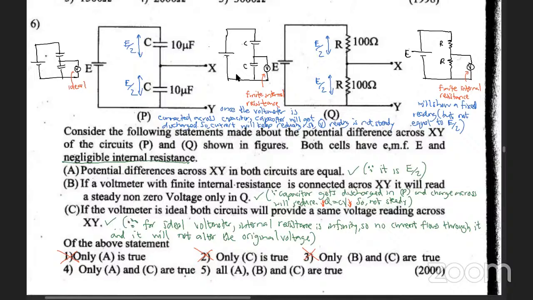So when current becomes 0, will it read E by 2 for the first case? Oh, wait. When current becomes 0, what will happen?